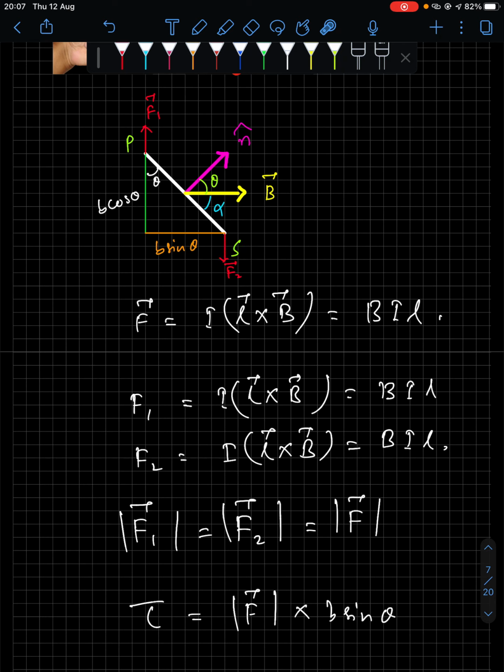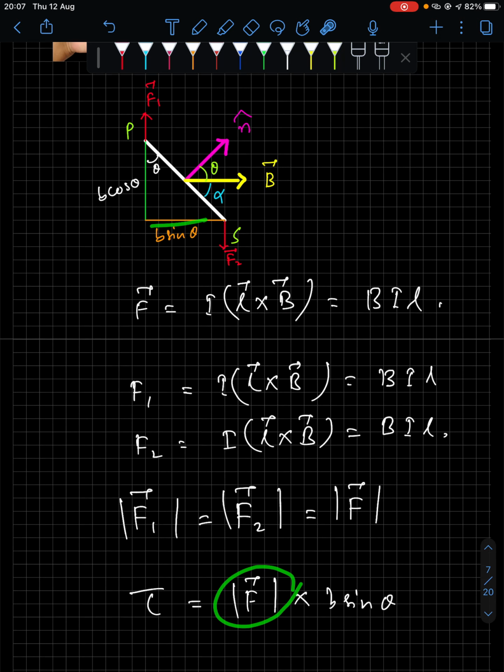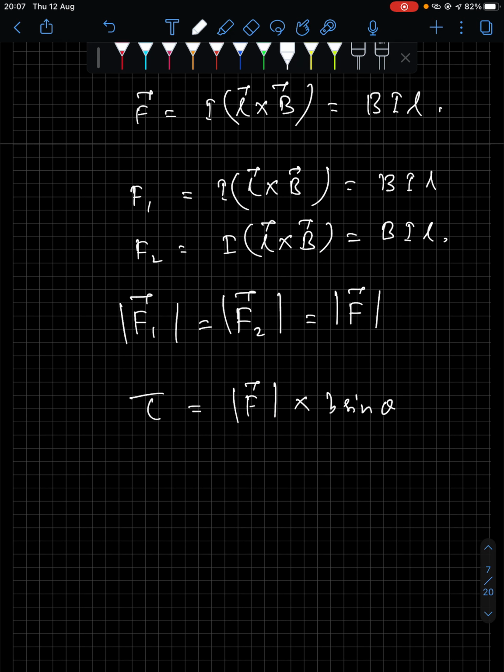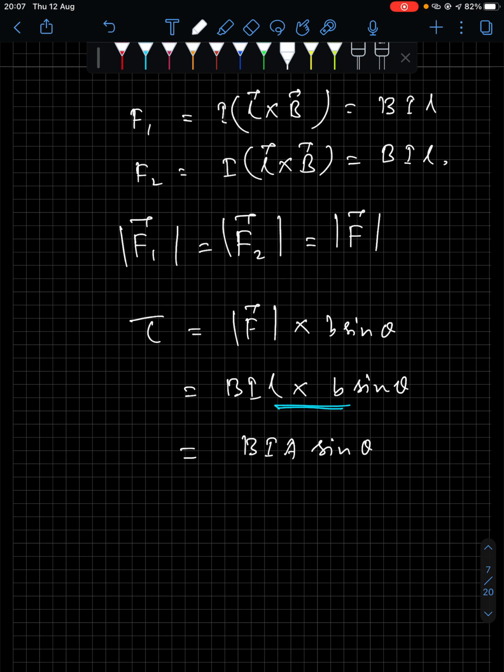Since both the forces are equal, we can write the magnitude of either force multiplied by the perpendicular distance B sin theta. That gives BIL, which is the value of F vector, into B sin theta. Now L into B is the area of the coil. Therefore you can write BIA sin theta.